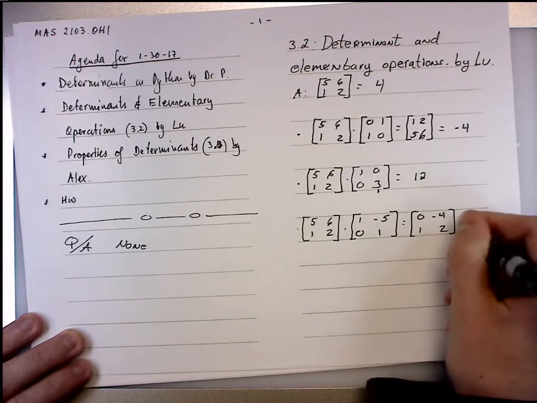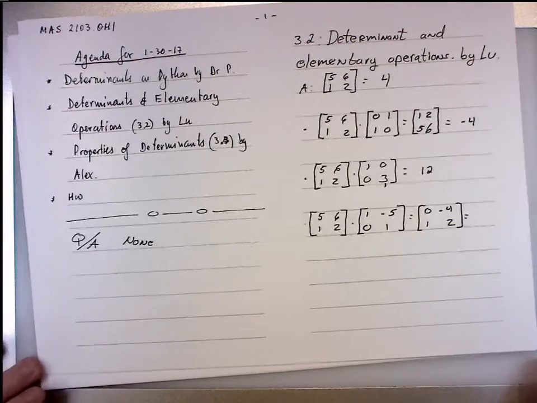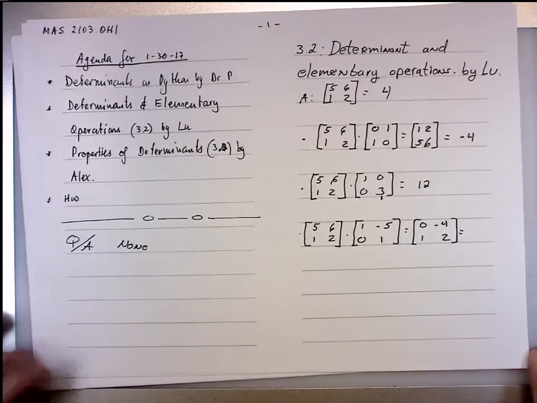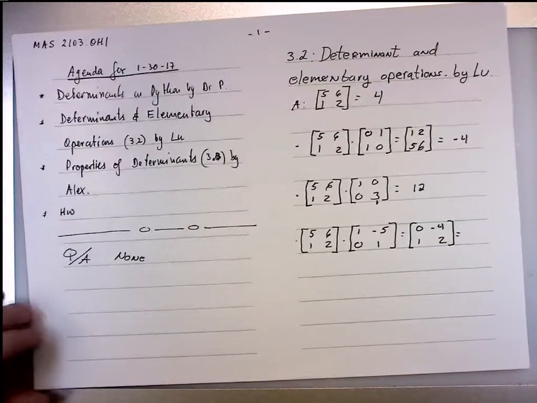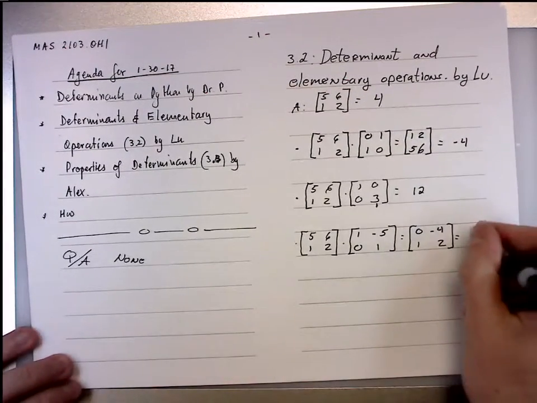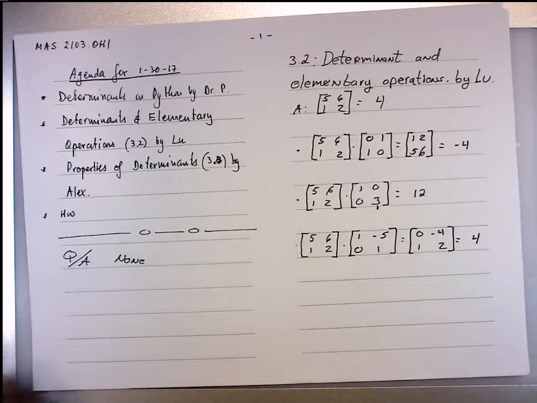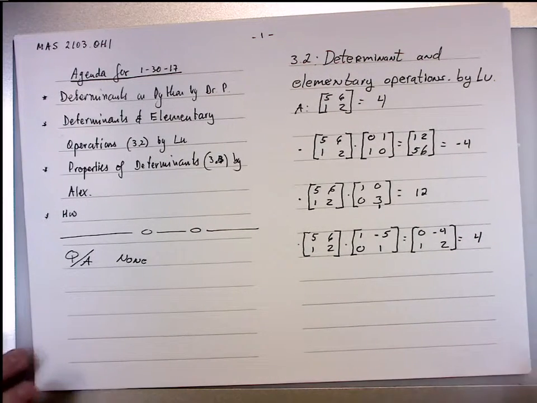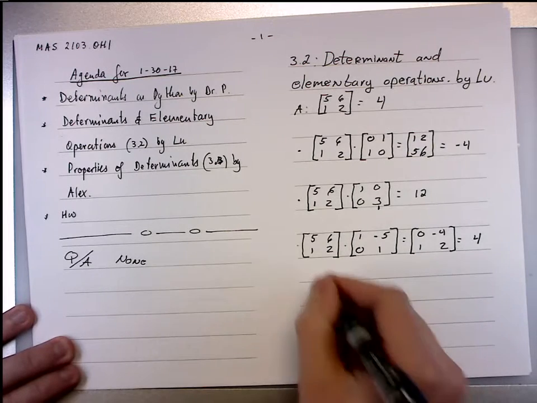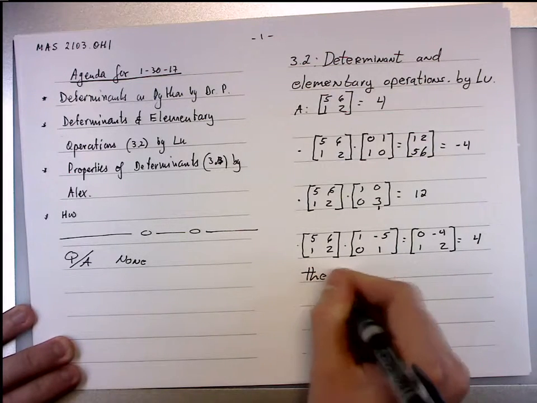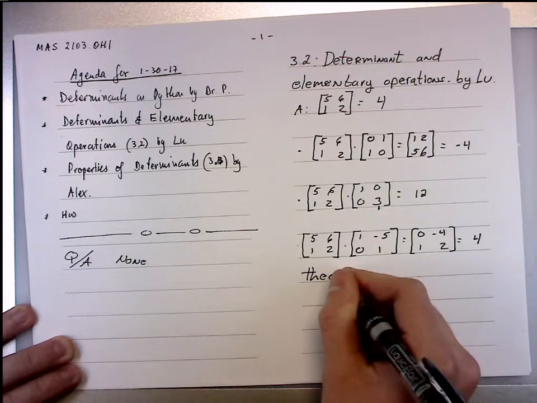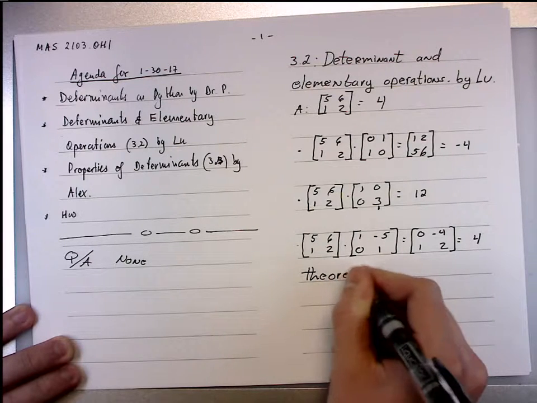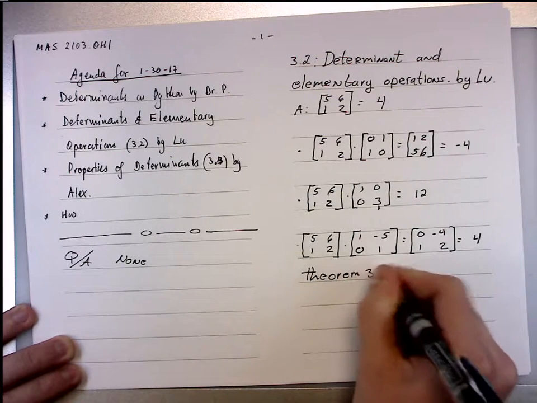What do you think is going to happen to the determinant? Is it going to change or stay the same? It's actually going to stay the same. By looking at these 3 examples, we can get theorem 3.3, which tells us what's happening in each operation.